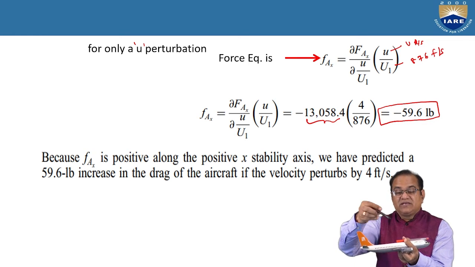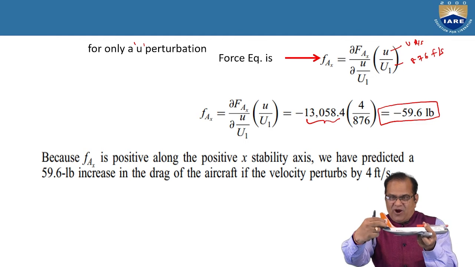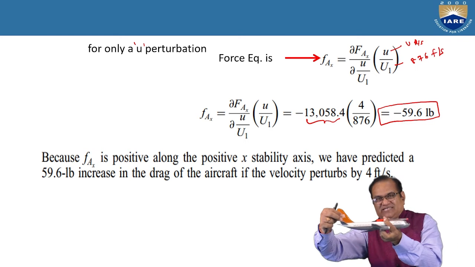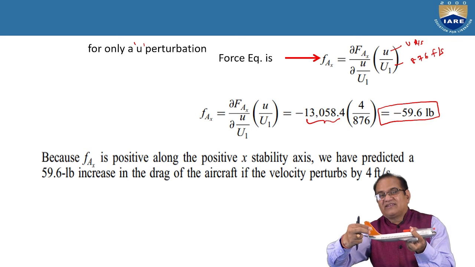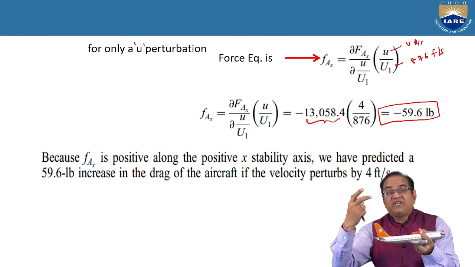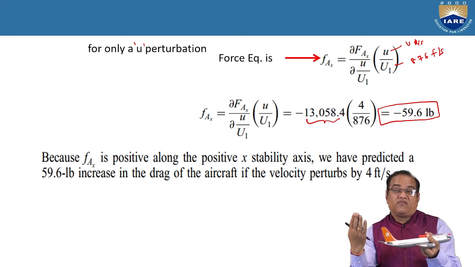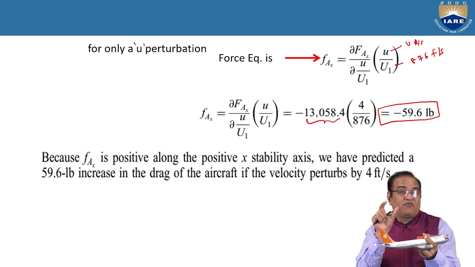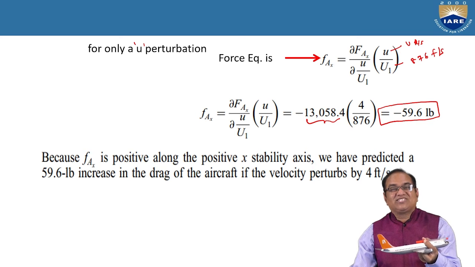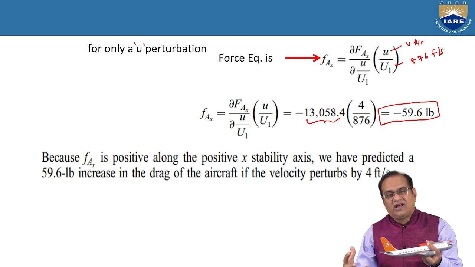So it means 59.6 pounds is pulling like this. It is a drag. 59.6 pounds of drag is generated by only 4 feet per second of velocity increase. A tremendous amount of force is dragging the aircraft. That we have to understand.